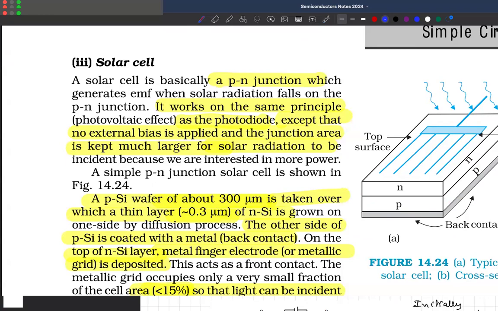You have P inside, N here. So what will happen when an electron hole pair is created? You will have an electric field. The depletion region electric field is like this. So this region drifts electrons up and drifts holes down.